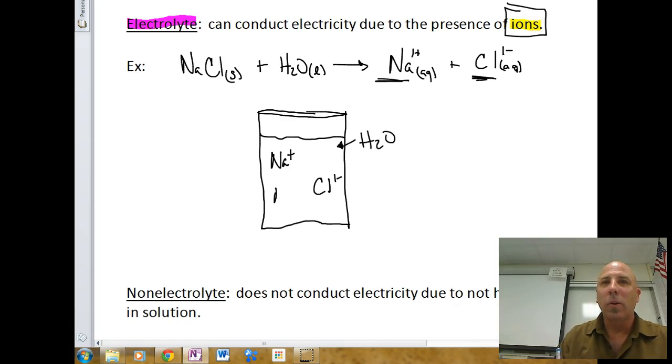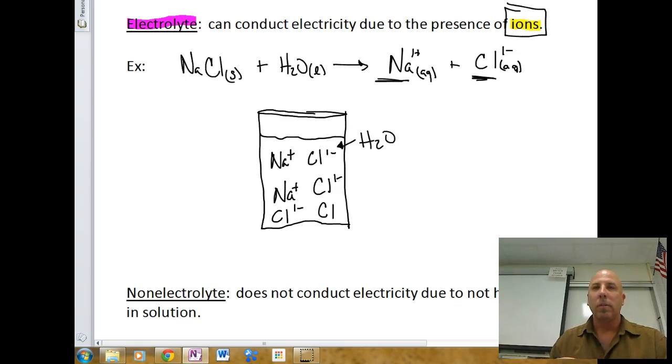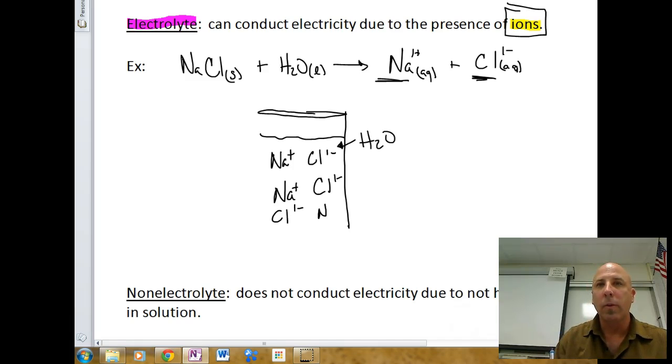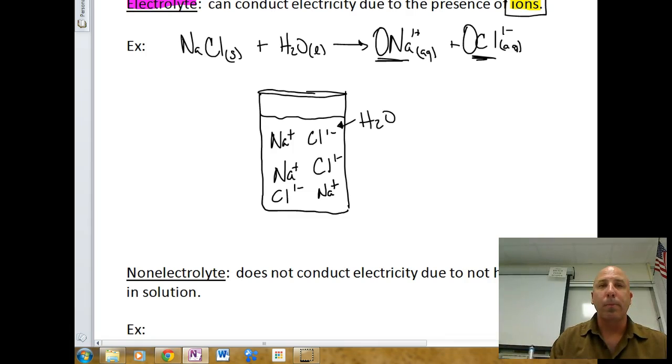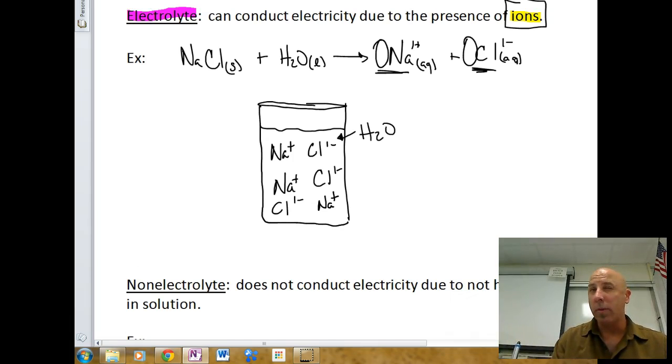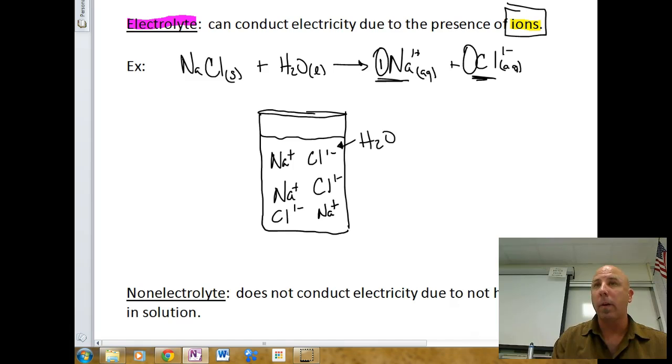To correctly model it, we would make sure that in here we have a 1-to-1 ratio of our sodium ions to our chloride ions. Oops, now I don't have the right ratio, so let's put another sodium there. Again, the reason for this is we have a 1-to-1 ratio of sodium and chloride when they dissociate. That would be a model of this, and we're going to get more into this in a little while. Let's put a 1 there, put a 1 there.